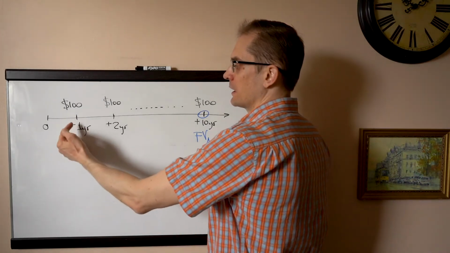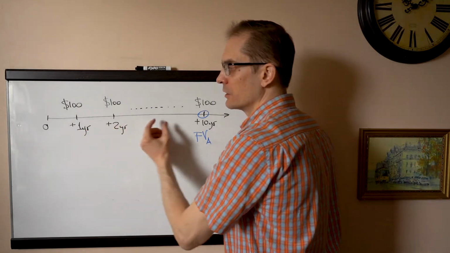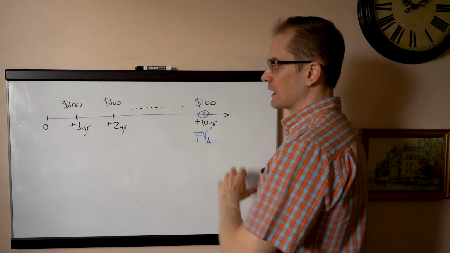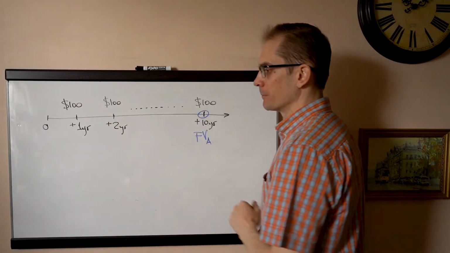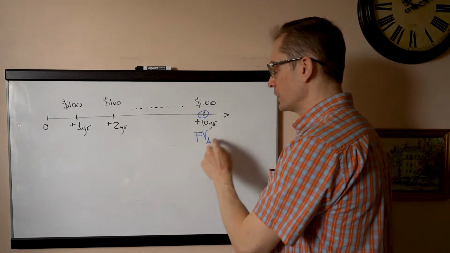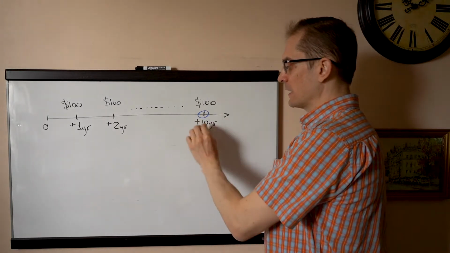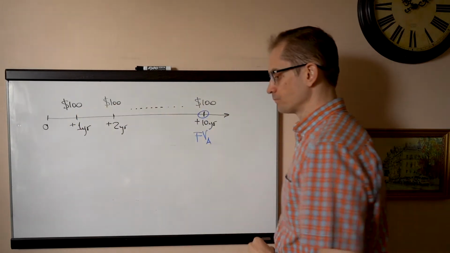So at the end of the first year, at the end of the second year, there is always 1 year between payments. So for now, let's call that structure an annuity. What you see here is an annuity, and the future value of annuity is that future value at the end of that structure.